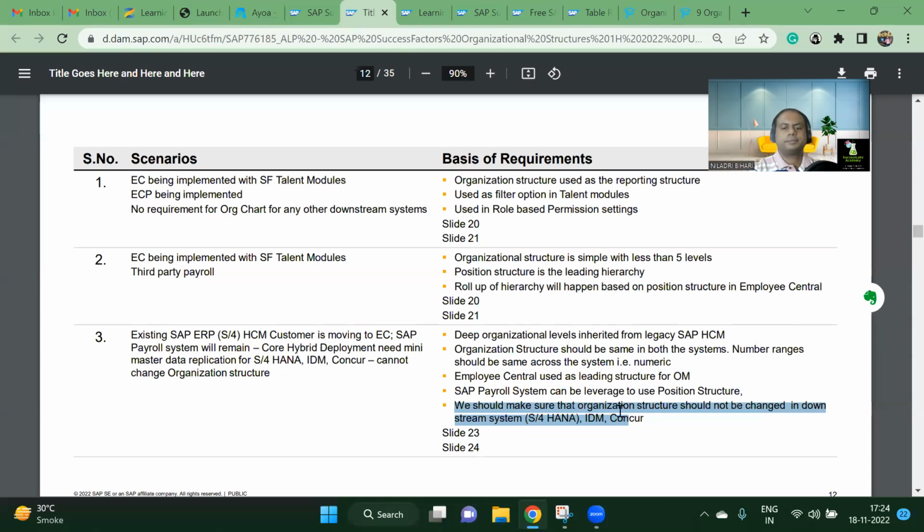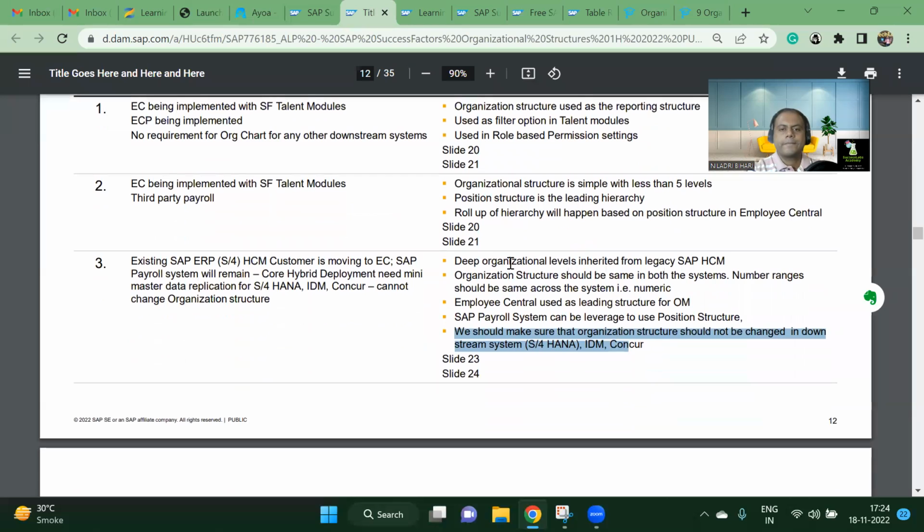Now coming to here, what does it say? All the best practices we have now seen. If it is the second one, the third-party payroll, definitely make it simple, less than 5 levels. Your position structure will be leading the hierarchy, and roll-up hierarchy will be based on your position structure in EC, because this is already being implemented.